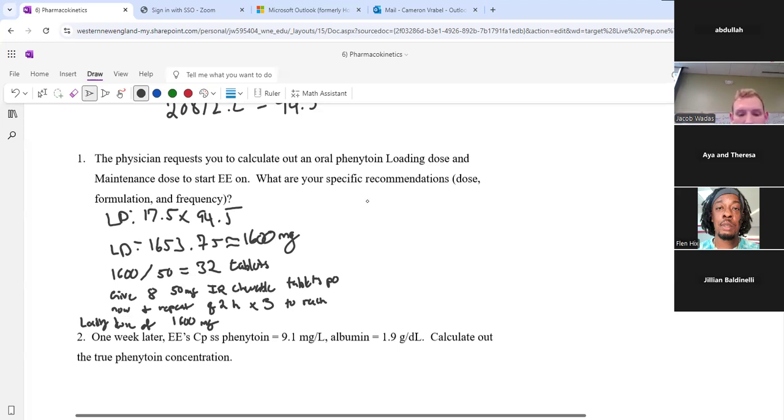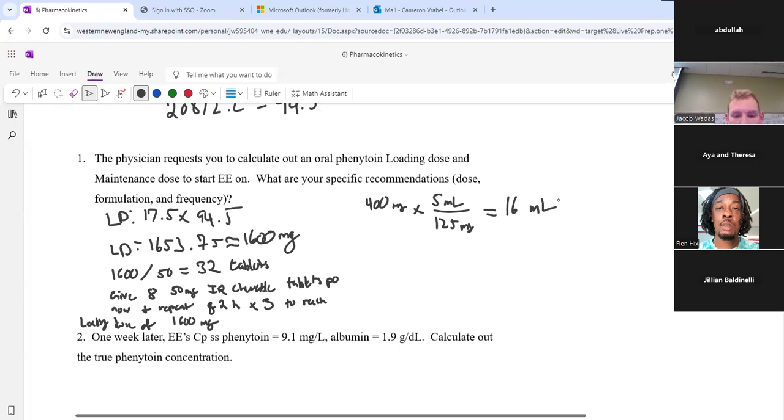So we want 400 milligrams per dose times 5 mLs over 125, and we want to solve for milliliters. So you do 400 times 5 divided by 125, which is 16 mLs.